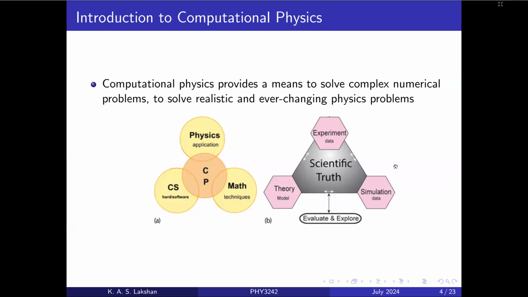So that is the importance of computational physics, and we can describe it as the involvement of physics, mathematics, and computer science to solve complex numerical problems in a realistic and ever-changing physics problem.